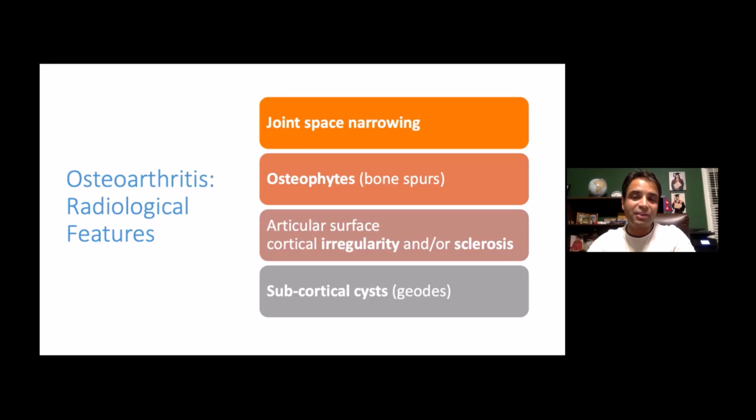When you order an X-ray, these are the few things you will be looking for if you think this is osteoarthritis: joint space narrowing, osteophytes, basically meaning extra bone formation around the joint area, and some irregularity or sclerosis in the articular surfaces. I will go over those findings in some of the X-rays that I'll be showing later. You could also find subcortical cysts. So these are the 4 cardinal features of osteoarthritis.